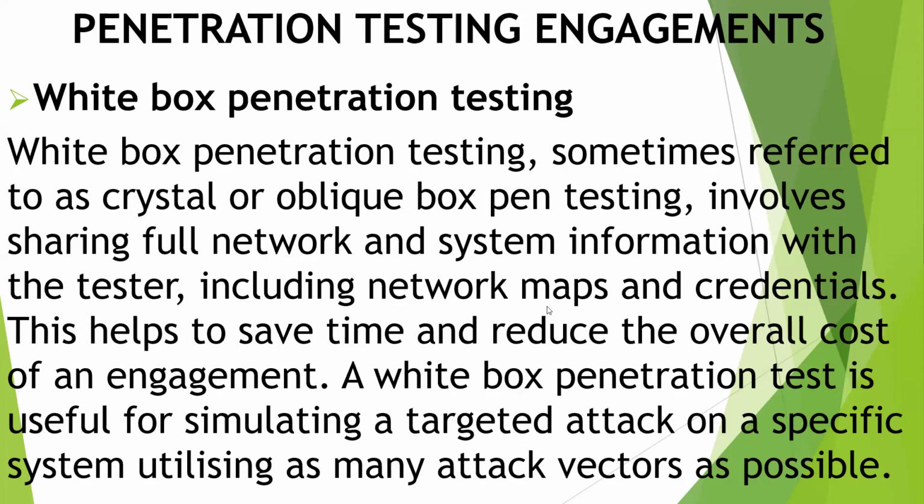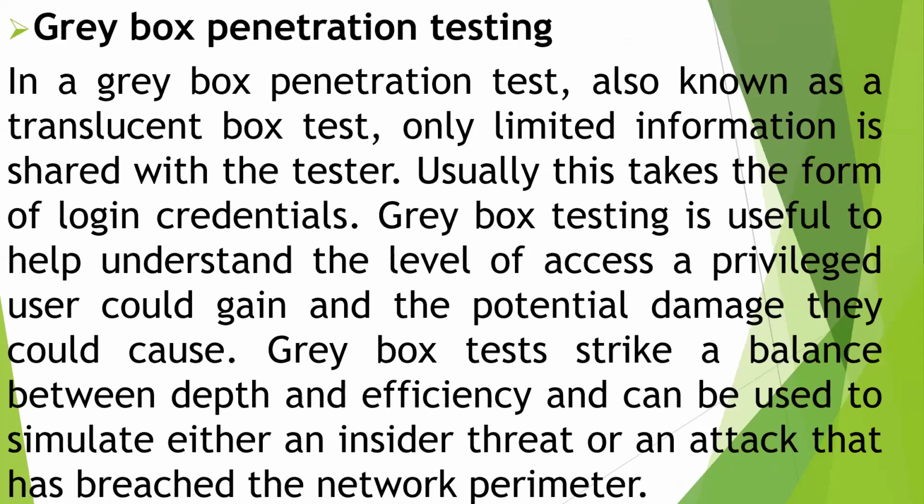Then we have the last one in the list, which is the gray box. The gray box pen test is kind of in the middle. It's in between white box and black box. In a gray box pen test, which is also known as the translucent box test, only limited information is shared with the tester.